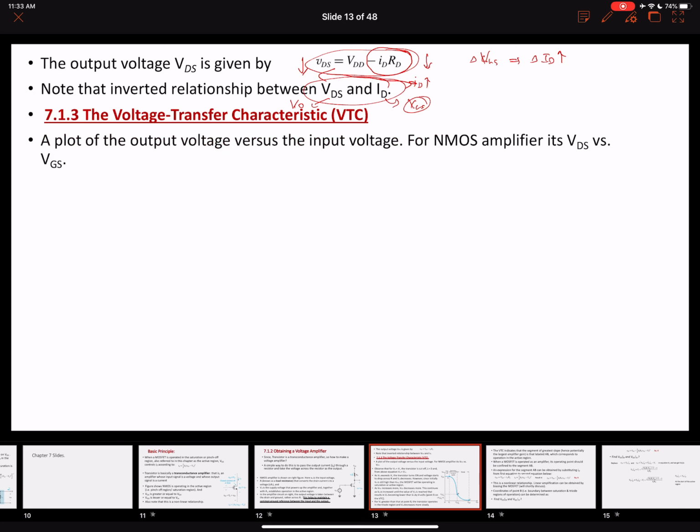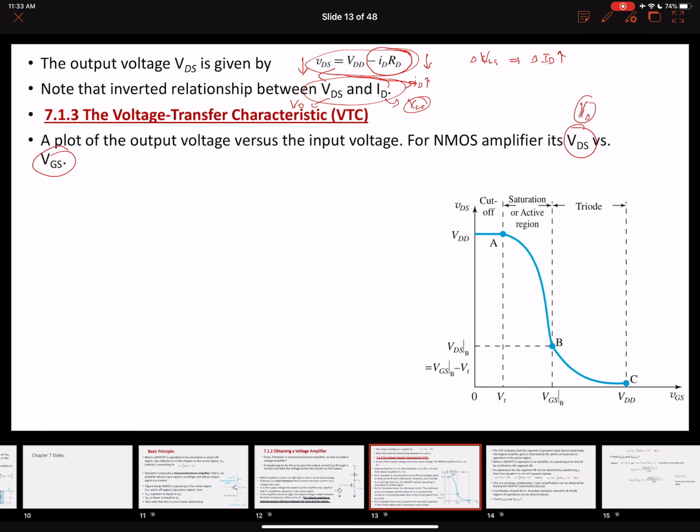In terms of our voltage transfer characteristics, our input is the gate to source voltage and our output is the drain to source voltage, V0. Now let's delve deeper into this plot and discuss how we can build it.